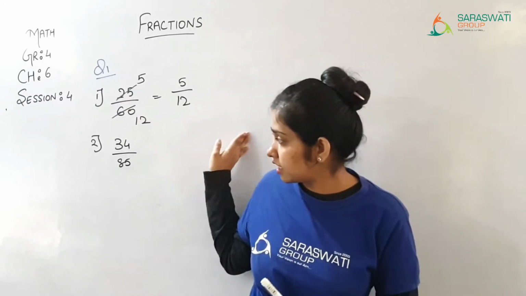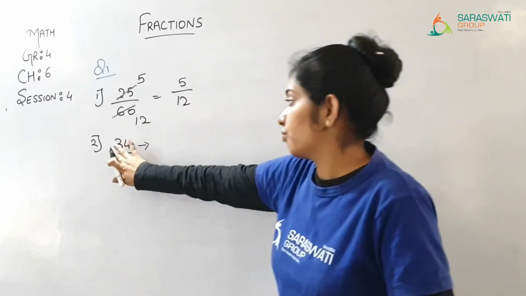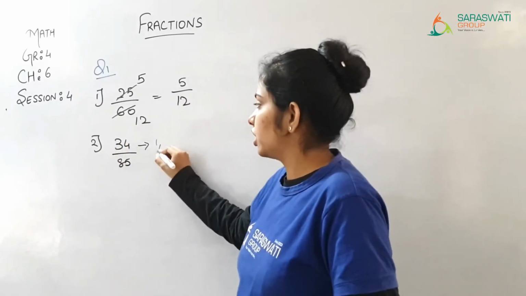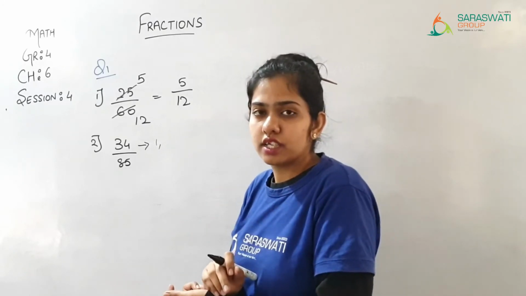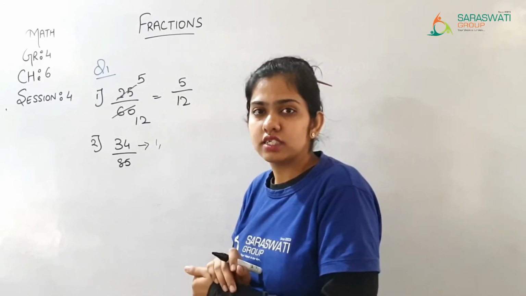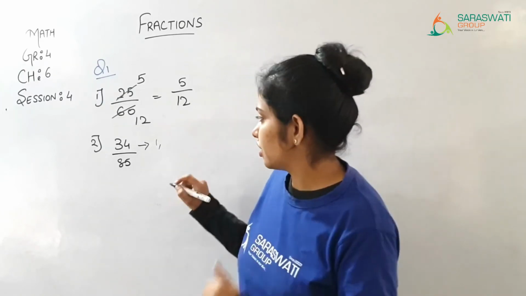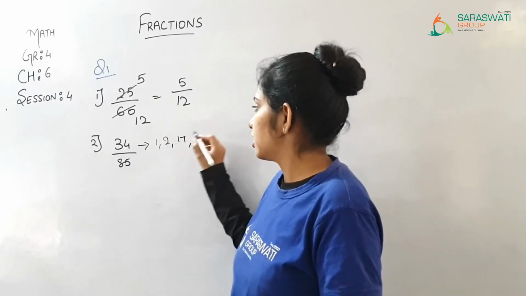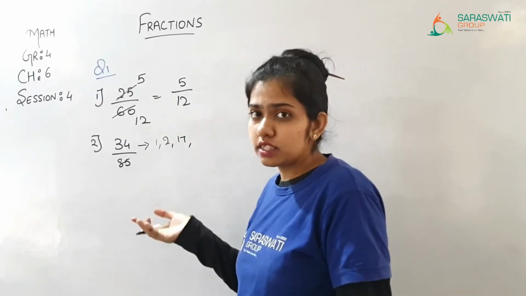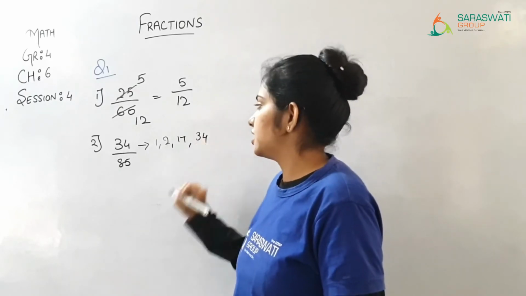Okay, first let us write the factors of this. So what are the factors of 34? 1, then 34 will be divided or multiplied by what? 2 and 17. Any other number? No. And the number 34 itself.